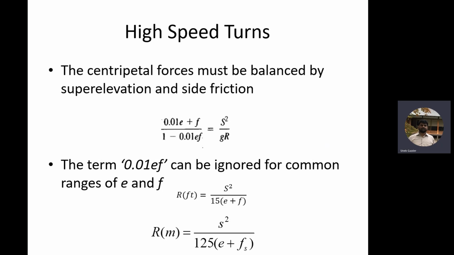Because if you do 1 upon 15, or 1 upon 125, the answer will be very small. So we are putting it in the denominator intentionally so that the number is significant. Okay, clear?